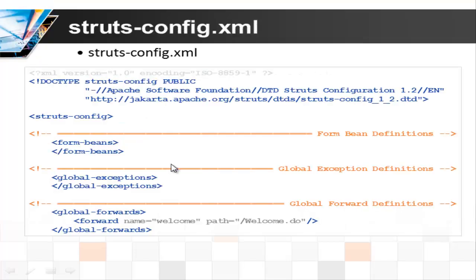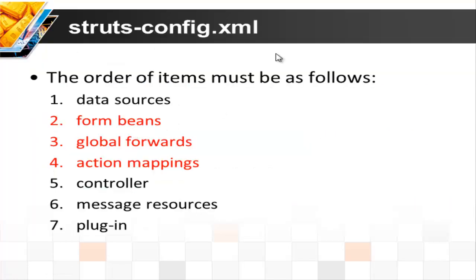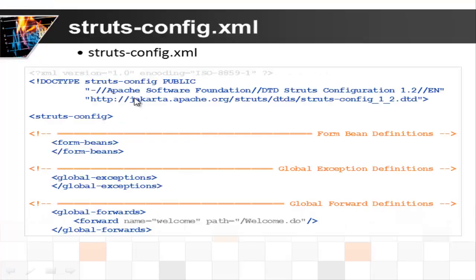So this is the general configuration of a struts.xml. If you notice over here, this one does not show the data sources. Generally, we don't use them, and even if we use them, we use them only once. Every now and then, we don't touch these sections, whereas the form bean section is usually touched.